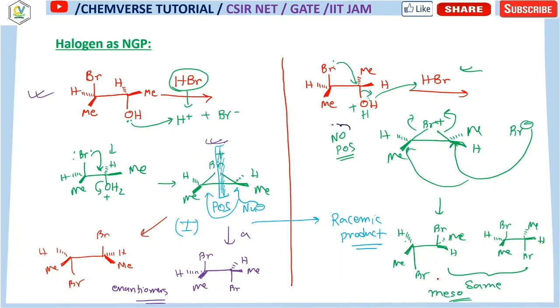So in this case, no plane of symmetry is present in this intermediate, so a meso compound is the product. And over here, due to the presence of a plane of symmetry in the intermediate, you will find the racemic mixture, racemic product, an equal amount of plus minus enantiomers.